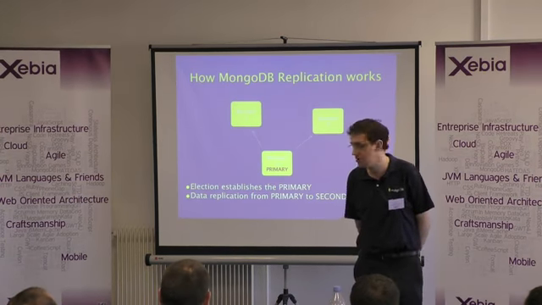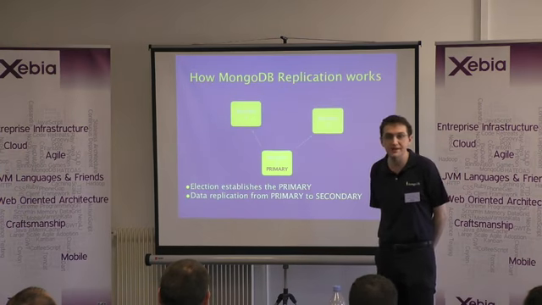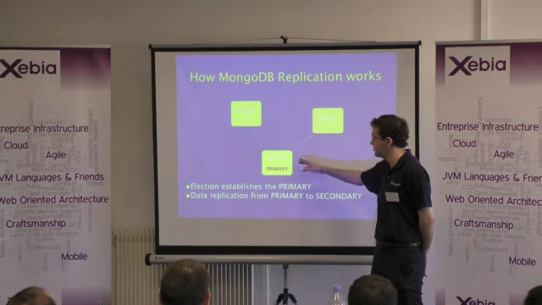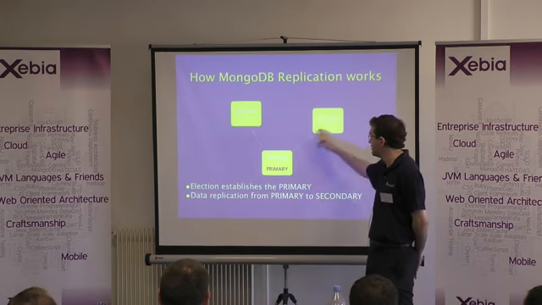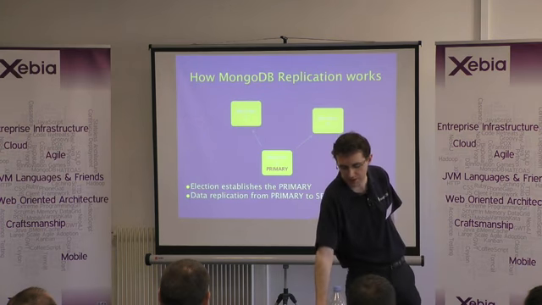So an election is called, one of them is nominated as being the primary node, and then the other two are secondary nodes, which are just replications of the data. So the data goes into the primary and is then replicated to 1 and 3 in this use case.